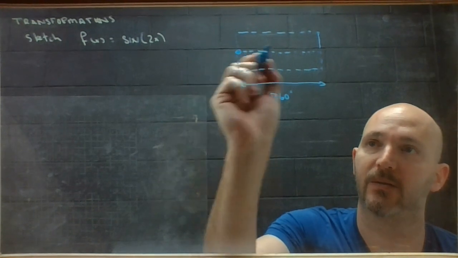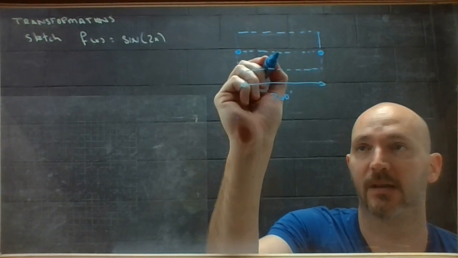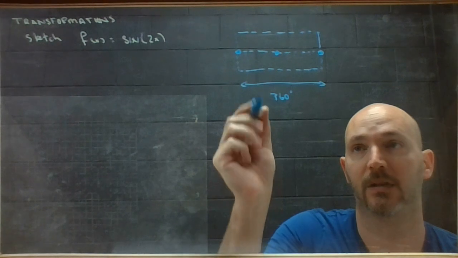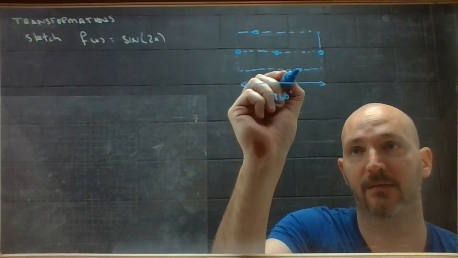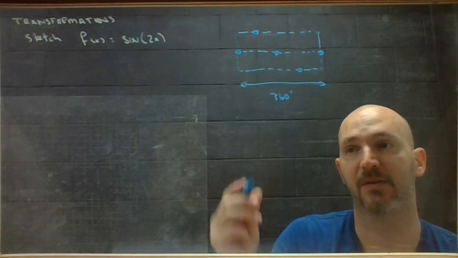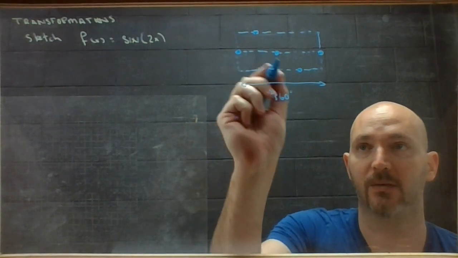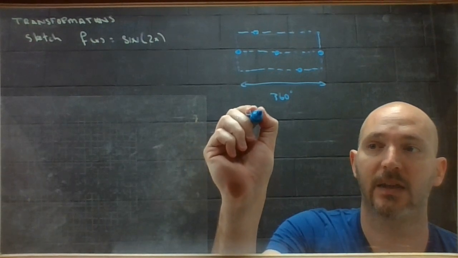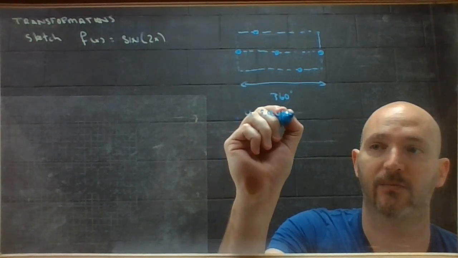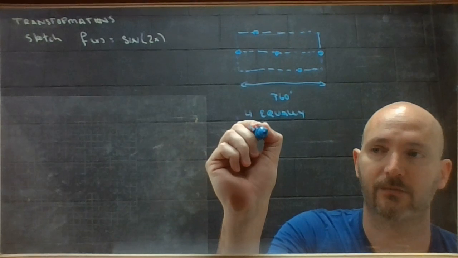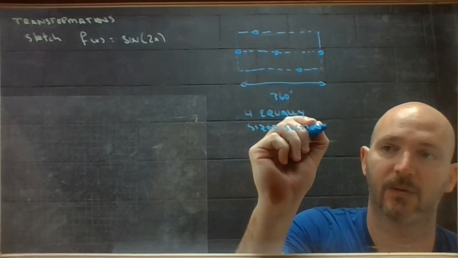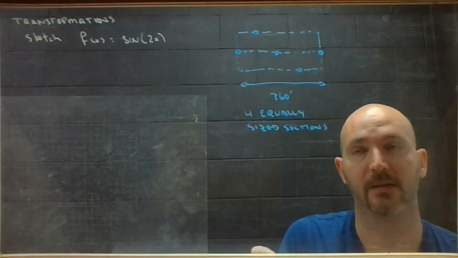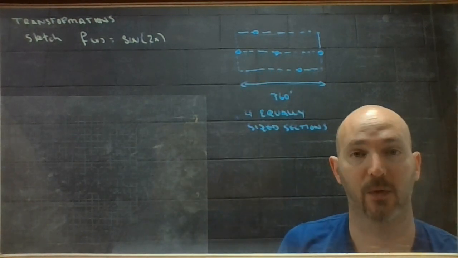It zeroes out on both ends and zeroes out dead center. It has a peak halfway between those and a trough halfway between those. So you end up with 1, 2, 3, 4, 4 equally sized sections. So once you draw this box, you just have to cut it up into 4 bits.